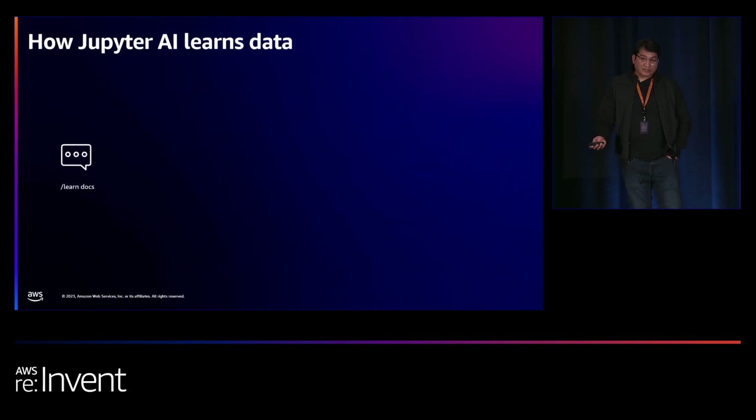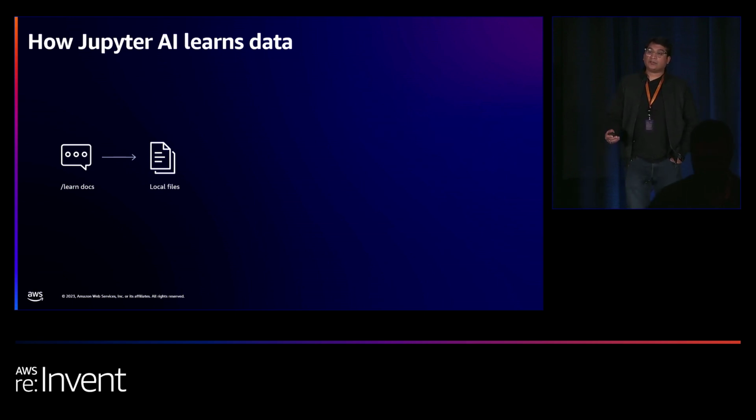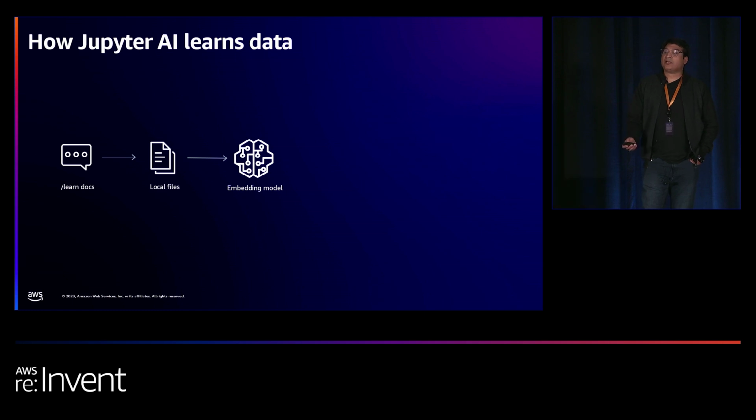And so the process starts with using the learn command followed by your directory name. And once Jupyter AI gets that command, it is able to read the files, the text within those documents, and it sends that to an embedding model. And this is the embedding model that you select in the settings panel in Jupyter. This is any embedding model that you want to select.